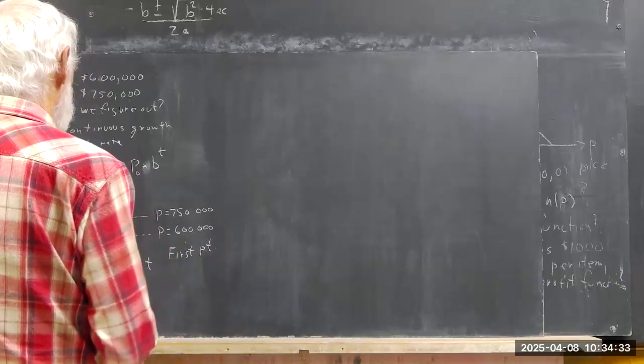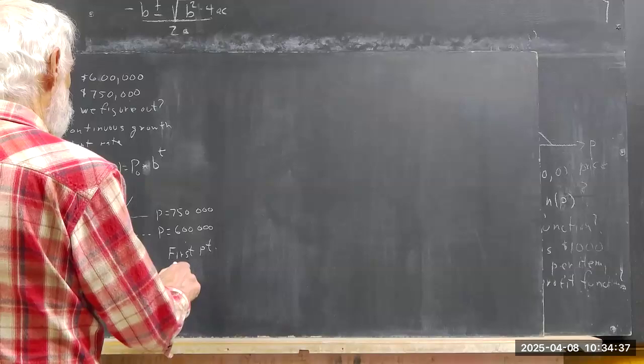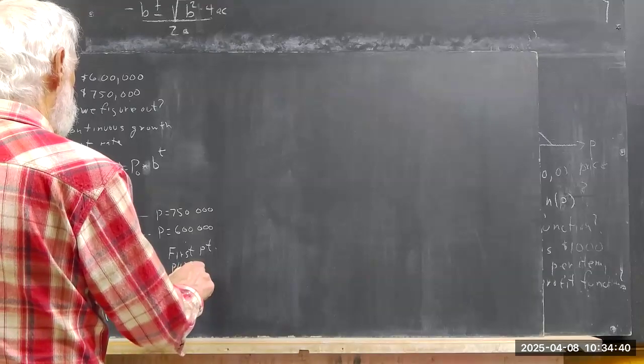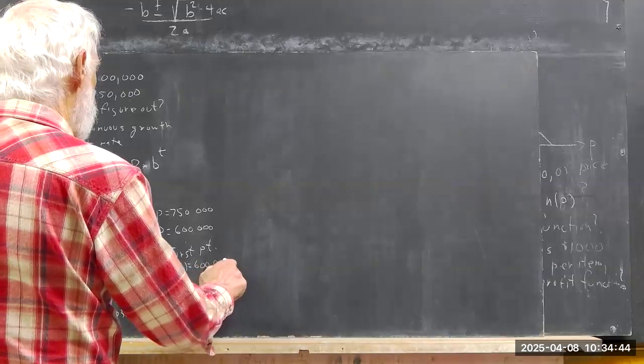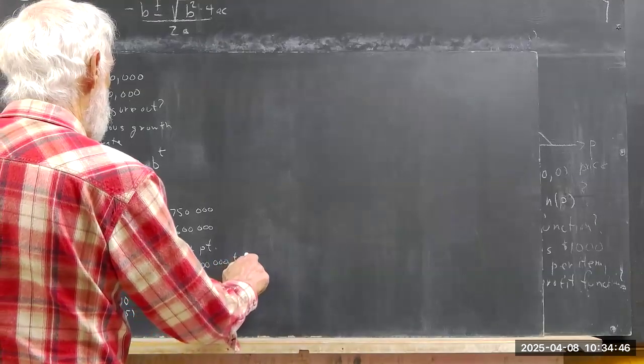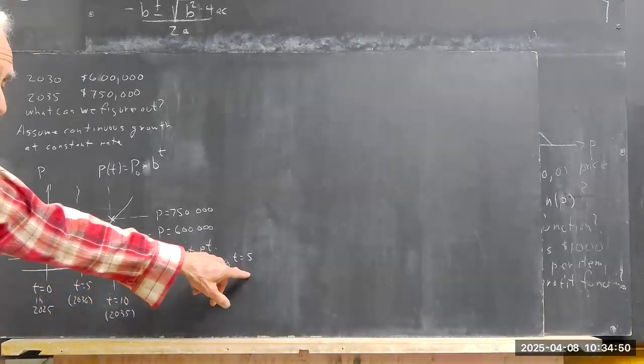The first point: P of T equals 600,000, T equals 5.